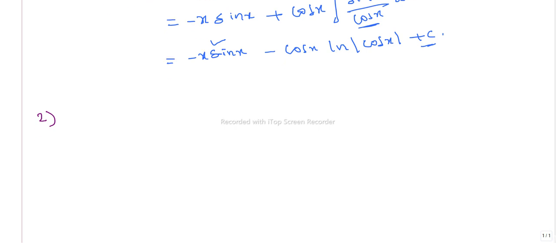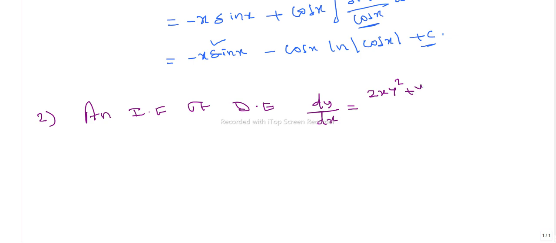Okay. So just go through the notes; I already wrote the formula, otherwise you have to derive the formula using that. The second one: an integrating factor of the differential equation dy by dx equal to 2x y square plus y by x minus 2y cube.